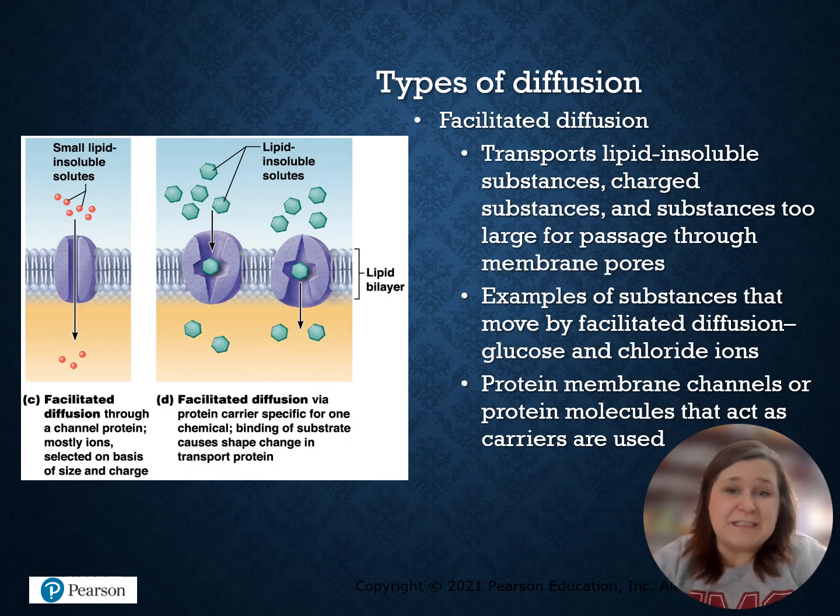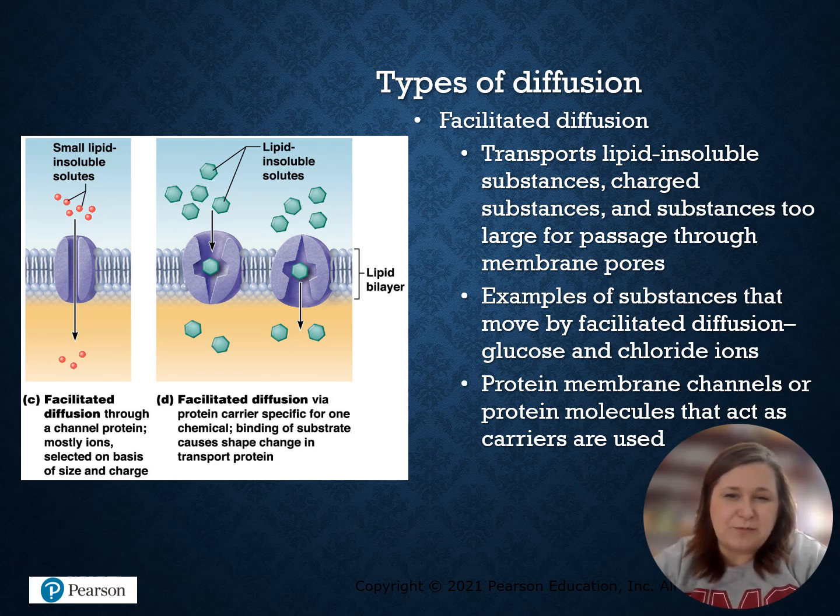You can also have facilitated diffusion. In facilitated diffusion, you're going to have something transporting those substances. So this usually transports lipid insoluble substances, charged substances, and substances that are way too large for passage through the membrane pores.